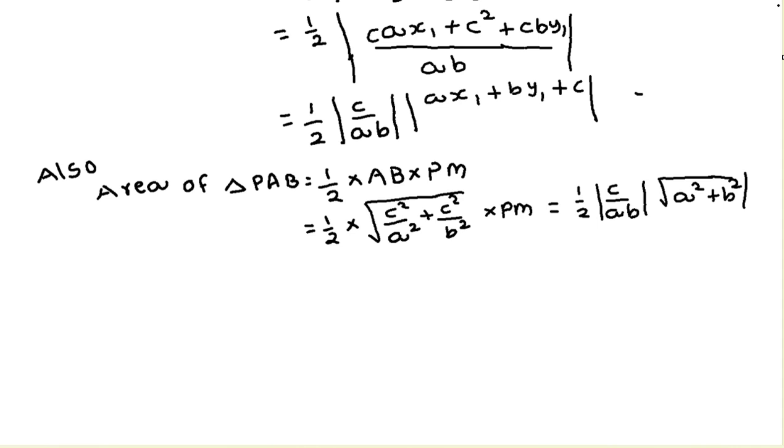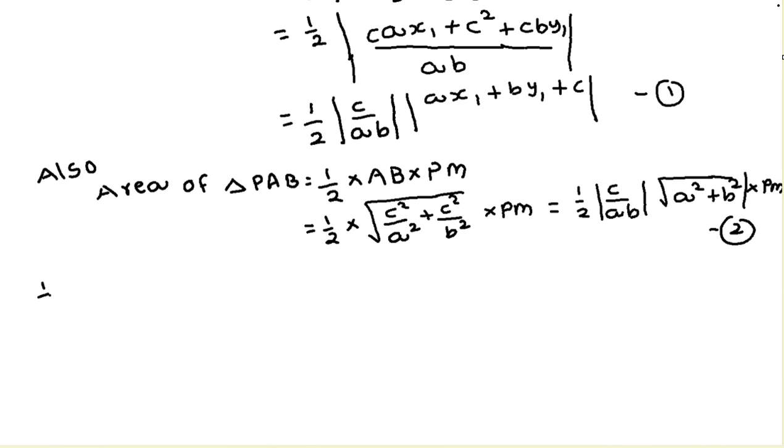Now let's call it 1, let's call it 2. So both 1 and 2 represent the area of the same triangle PAB. So let's make them equal. Here PM is also there.